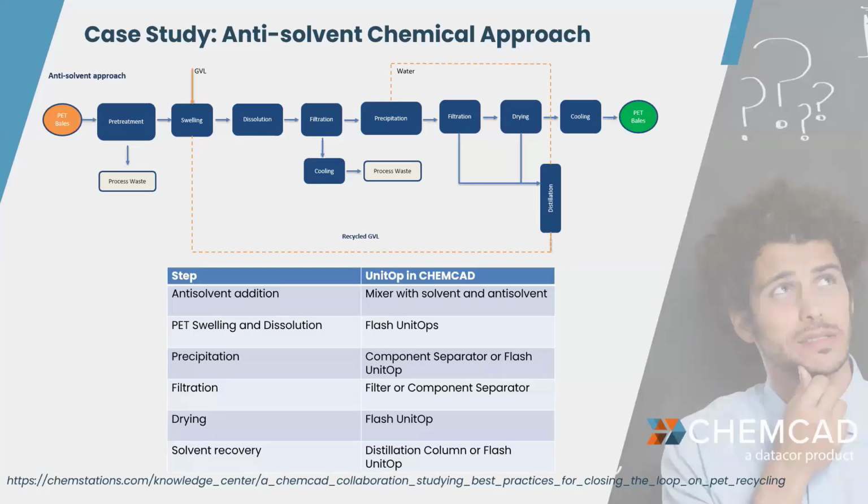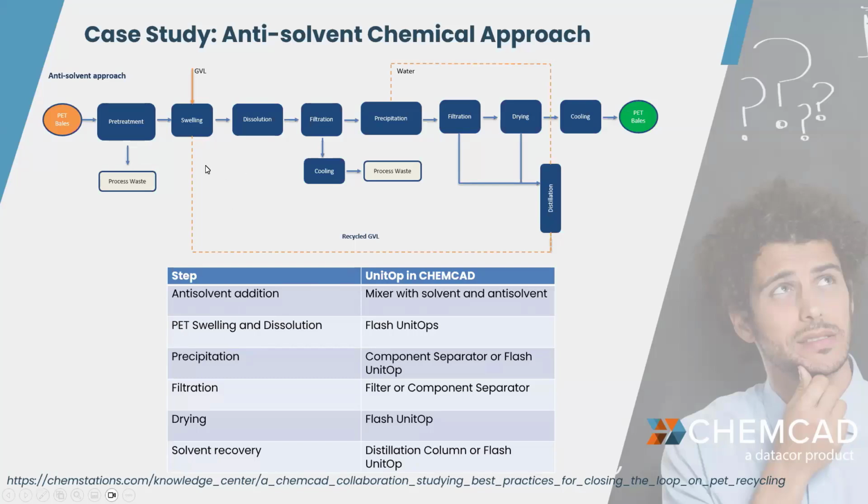For this process, we use different unit operations. We recommend some unit operations, and we use some unit operations in CHEMCAD. So, for example, for the anti-solvent addition in CHEMCAD, we use a mixer with the solvent and the anti-solvent.